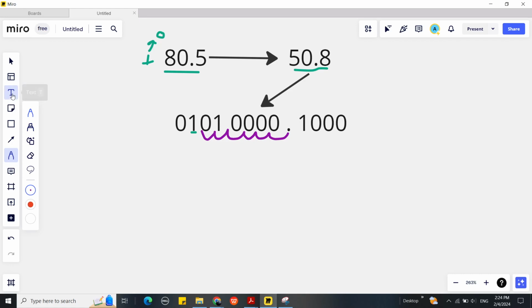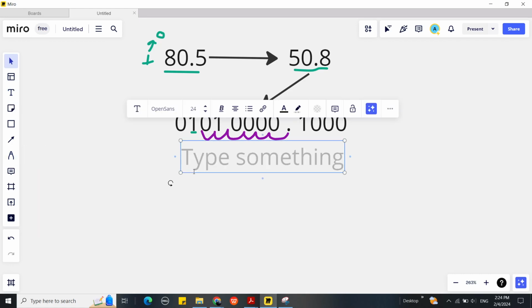So I'm going to write my new number as 1.010000, there are 4 zeros, times 2 to the power 6.